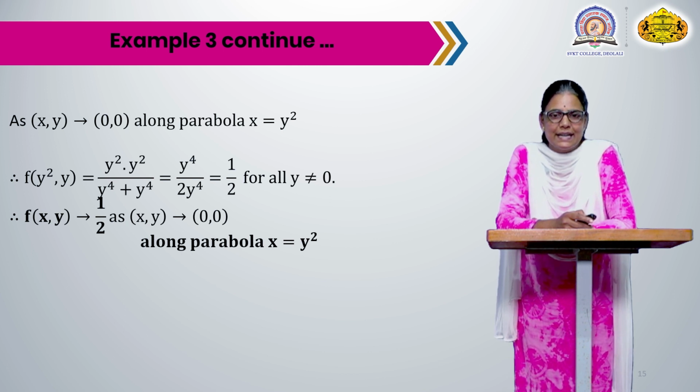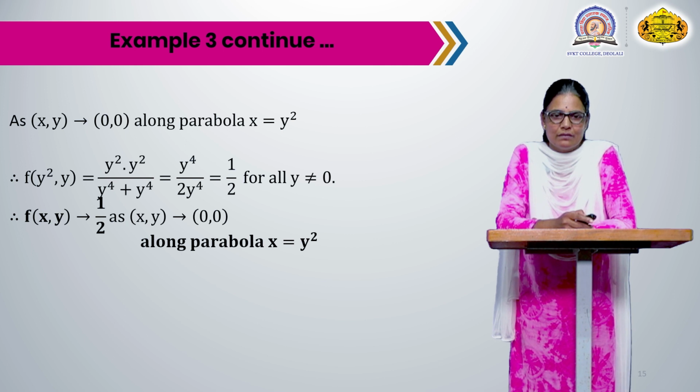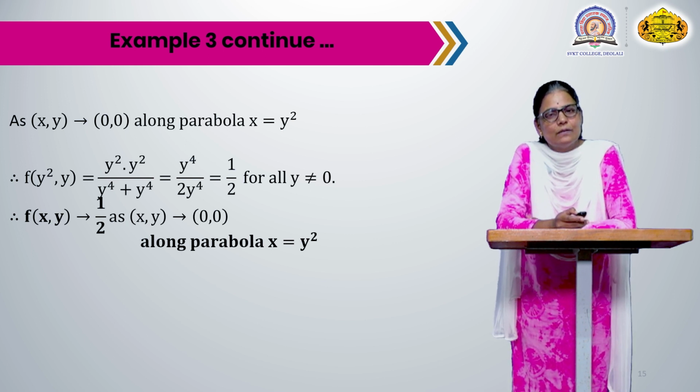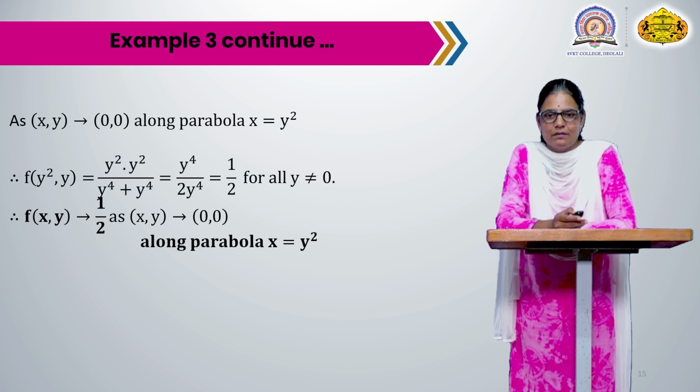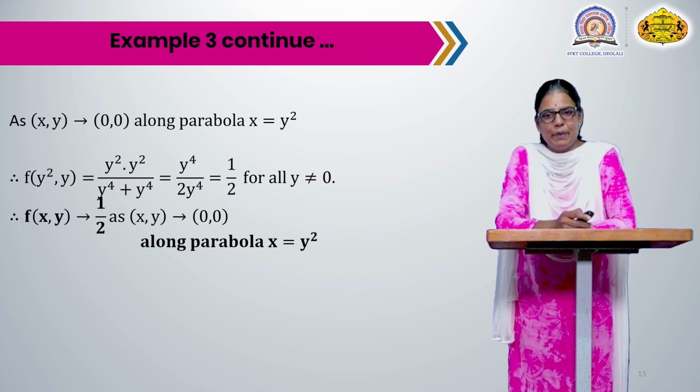So y raised to 4 gets cancelled here if y is not equal to 0. So this functional value is half if y is not equal to 0, which is again a constant. So f(x,y) equals half as (x,y) tends to (0,0) along the parabola.